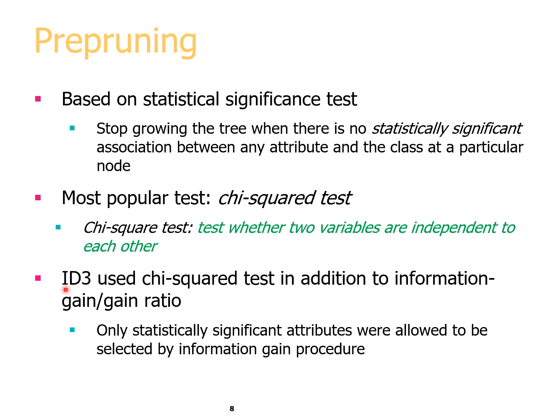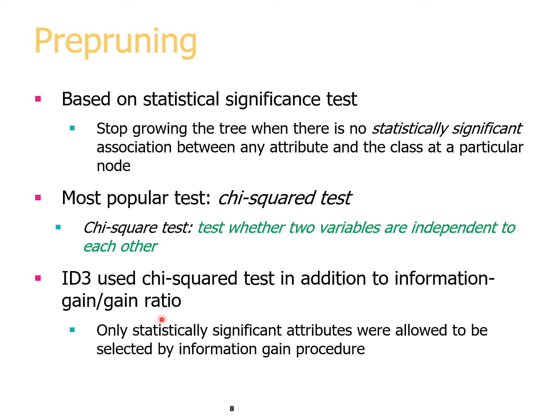ID3, the decision tree algorithm, uses the chi-square test in addition to information gain or gain ratio. As I said, when you select an attribute, you select it based on information gain or gain ratio.